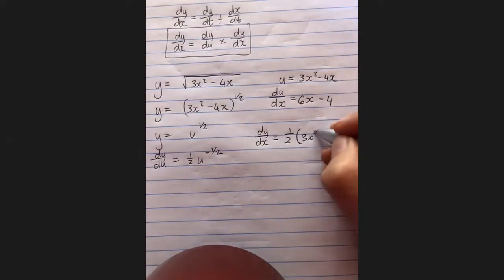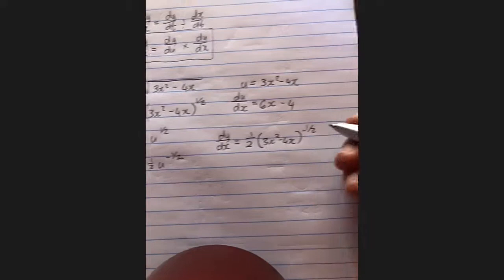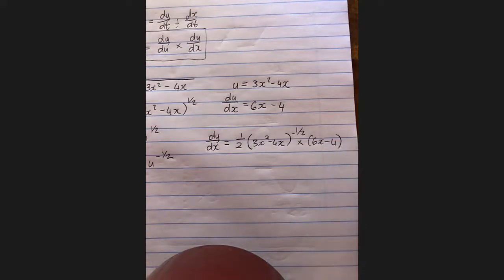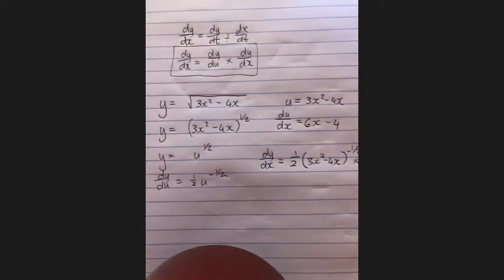Remember we made u equal to that, minus a half, and then times by, the formula says, du/dx. So 6x minus 4. And technically, you've successfully derived now a bracket. This is how we do it the long way, by using the chain rule.